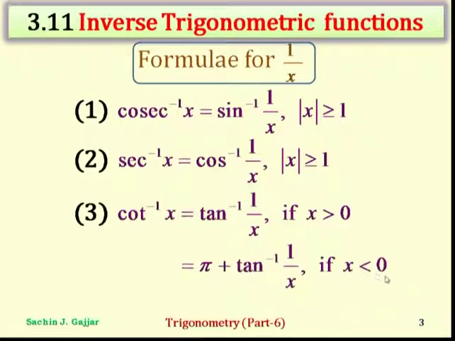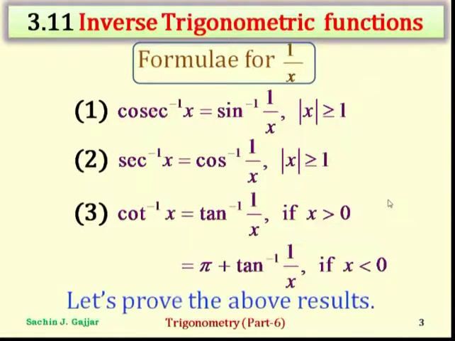And if x less than 0, means x is negative, then cot inverse x equal to pi plus tan inverse 1 upon x. Suppose cot inverse minus 5, then this is equal to pi plus tan inverse minus 1 upon 5. Okay, so these are the formulae for 1 upon x. These are very useful and important formulae. Okay, let's prove the results.